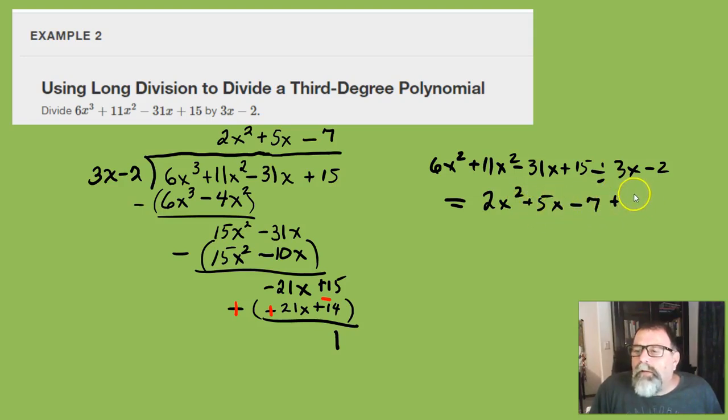And the remainder, you're going to write it, the remainder over the divisor, which is 3x minus 2. So you can write it 1 divided by 3x minus 2, just like we do with the fractions.